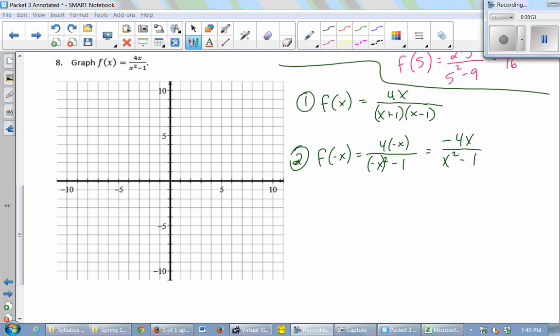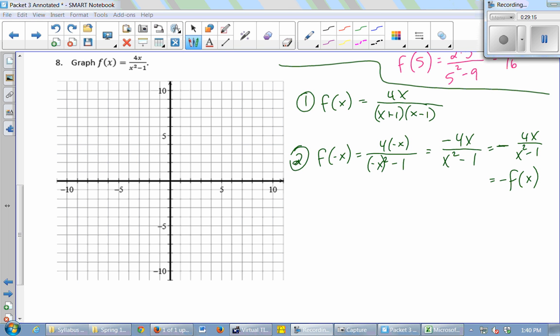Is that the exact function I started with? No. Is it the exact opposite of the function I started with? Yes. Because you can put a negative sign anywhere in a fraction, top, bottom, or in front. So this is actually negative 4x over x squared minus 1, which is negative f of x.